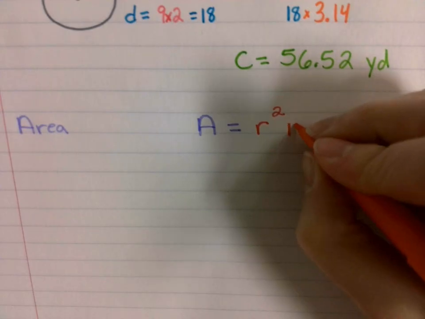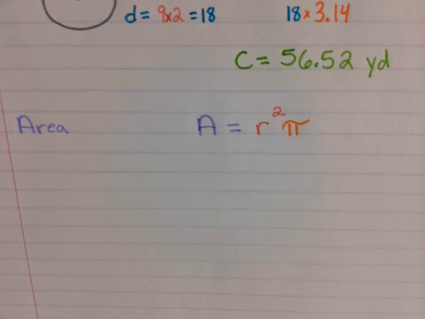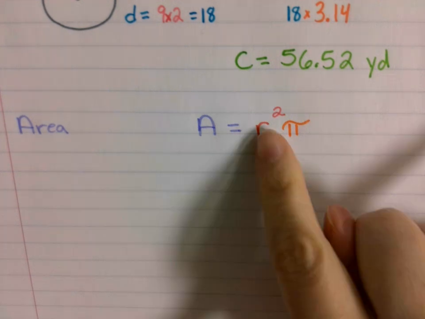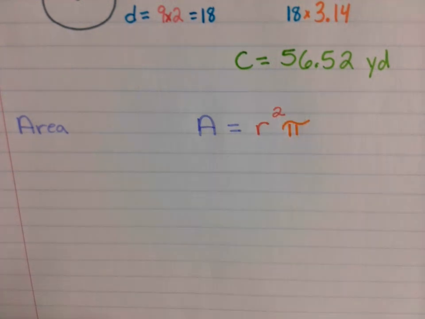Now, if you aren't very comfortable with exponents, what's another way that we can say r squared? R times r. Very good.